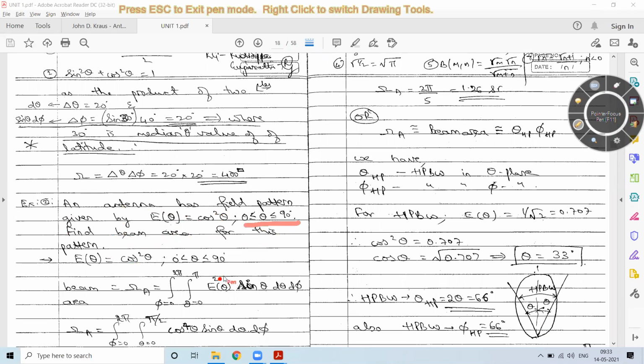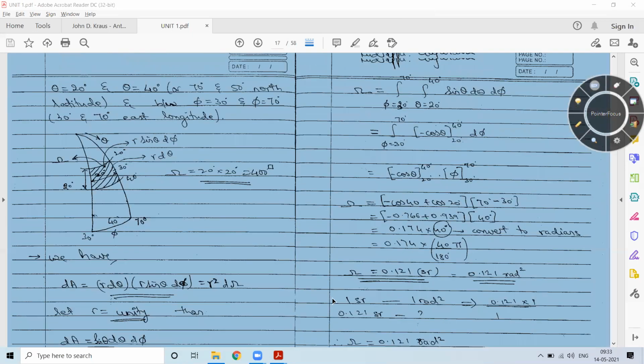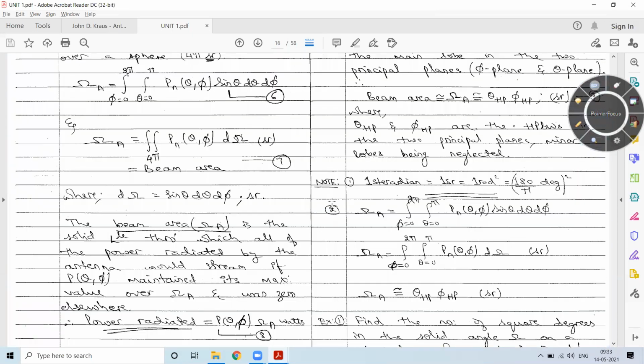Now here there are two methods of identifying the beam area. One we had seen: the beam area is obtained by the exact equation, which is the double integration of the normalized power pattern into sine theta d theta d phi.